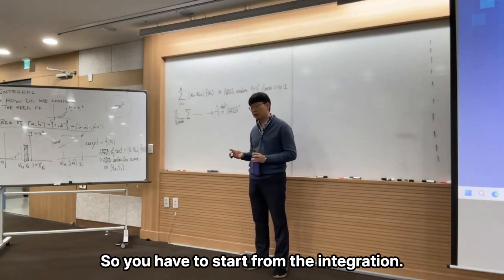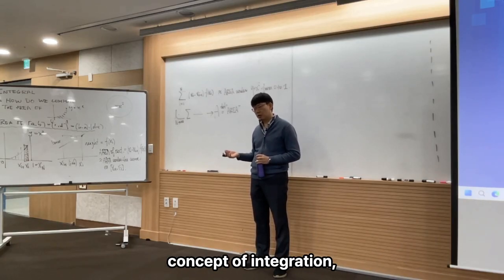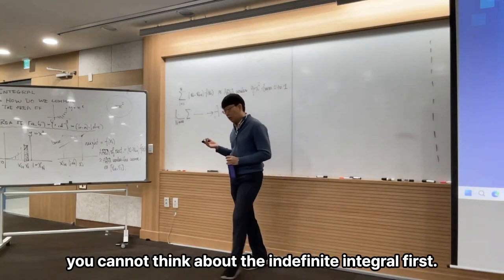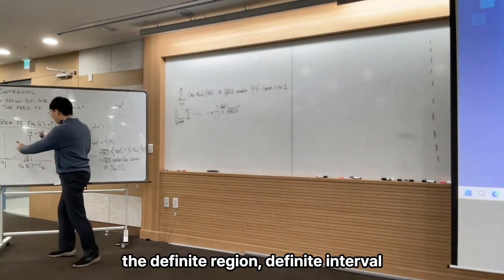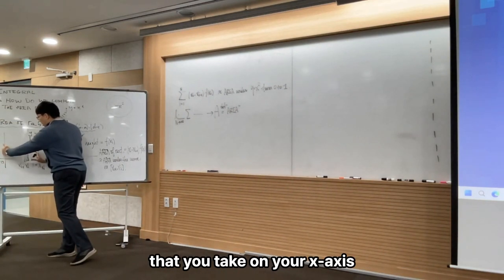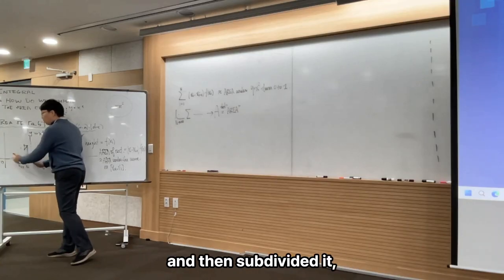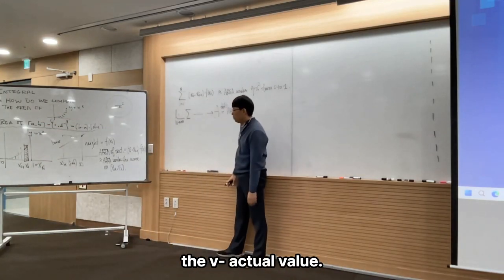So you have to start from integration. But when you start from the concept of integration, you cannot think about the indefinite integral first. You have to think about the definite interval that you take on your x-axis, subdivide it, and then look at the actual value.